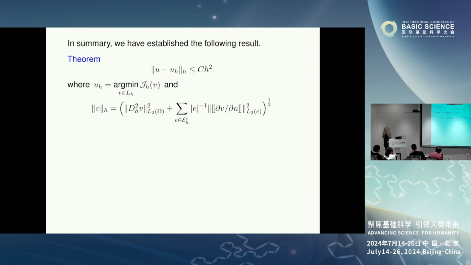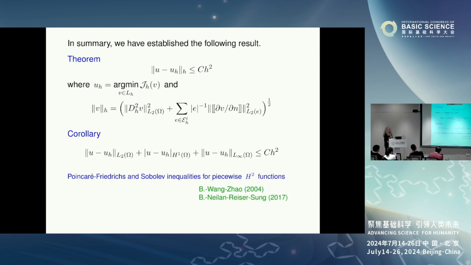So putting everything together, in summary, we have this theorem. And we have these estimates for the L2 norm, the H1 norm, and the L infinity norm by using the Poincaré-Friedrichs and Sobolev inequalities for piecewise H2 functions.